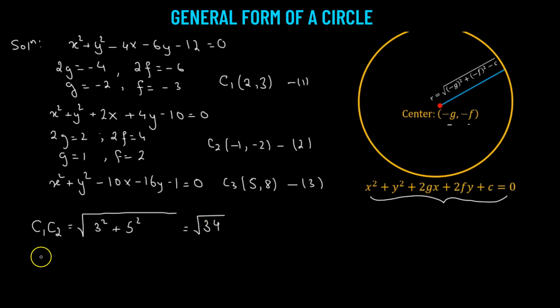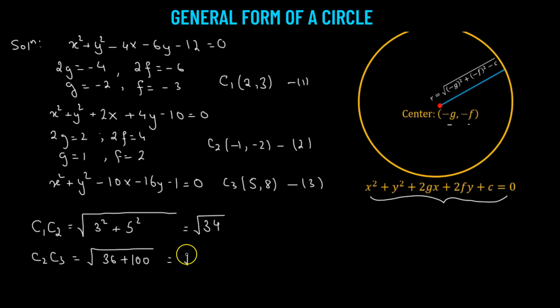Then let's try to find the value of C2C3. That means the distance between the centers C2 and C3, again using the distance formula. So the difference of the x coordinates will be negative 1 minus 5, so that's negative 6, squared gives 36, plus we have negative 2 minus 8, so that's negative 10, the difference of the y coordinates. Squaring it gives us 100.